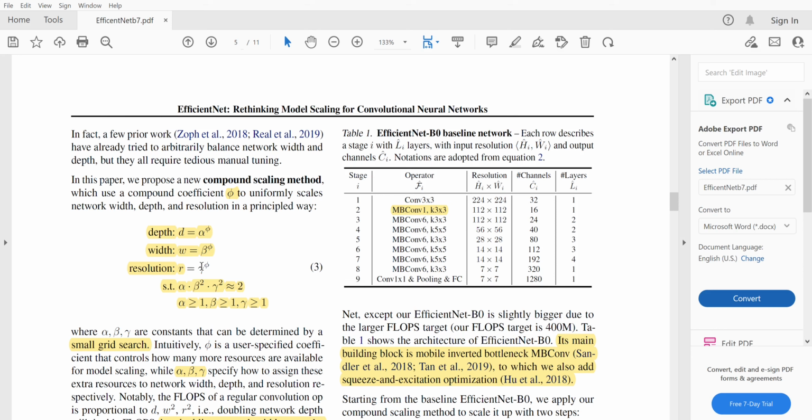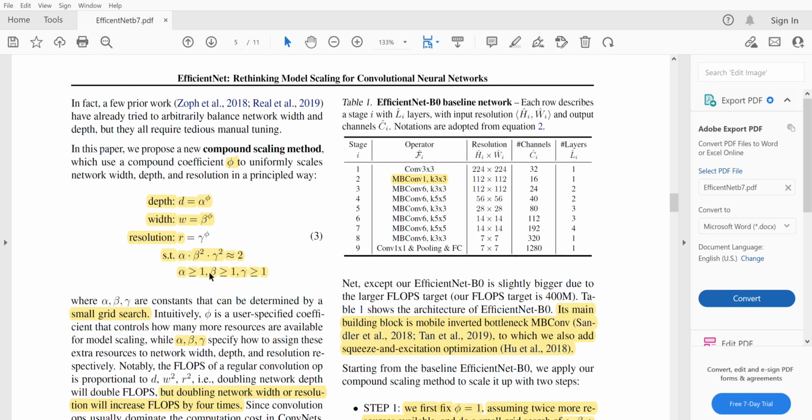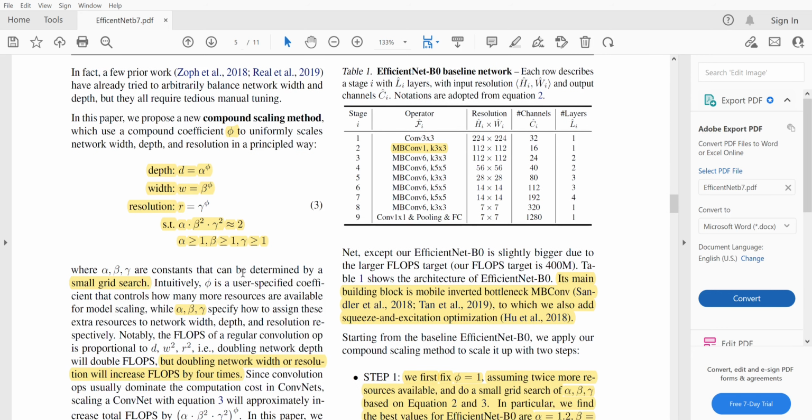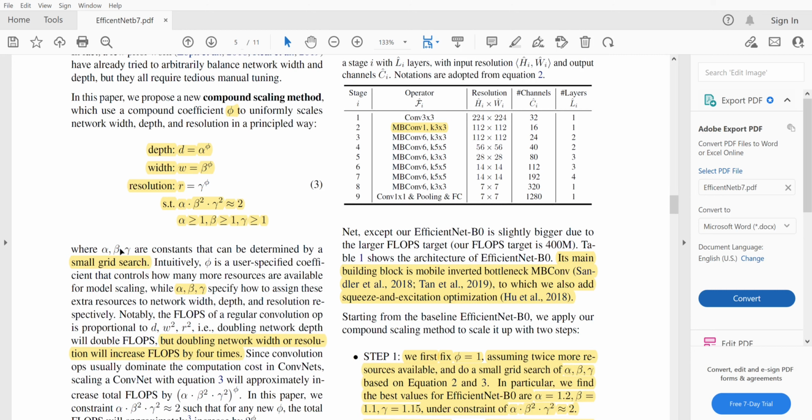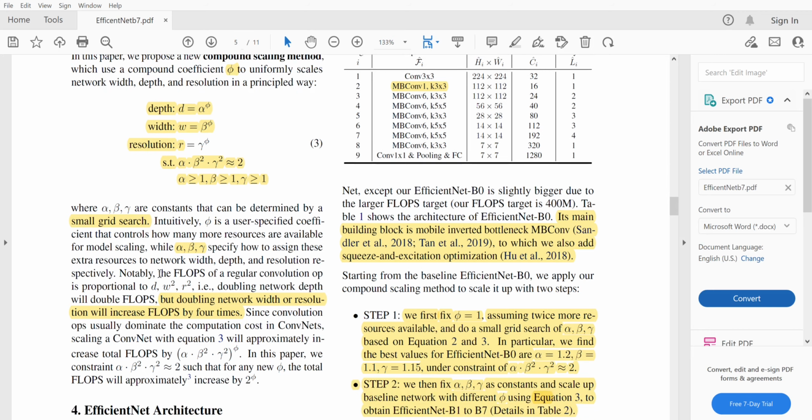Depth stands for alpha, width stands for beta, resolution stands for gamma, and alpha is greater than or equal to 1, and this is the formula where alpha and beta are constants that can be determined by a small grid search. Intuitively, phi is a user-specified coefficient.